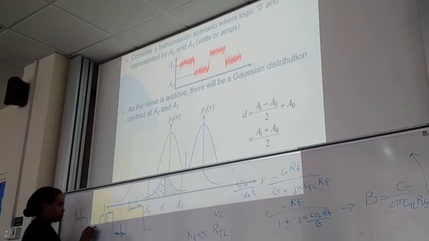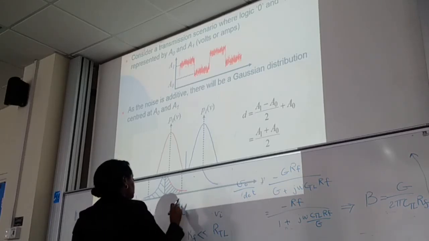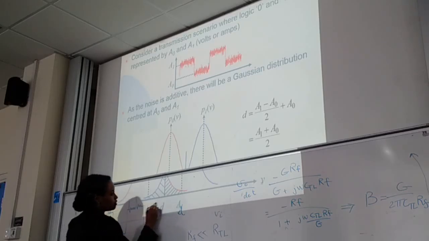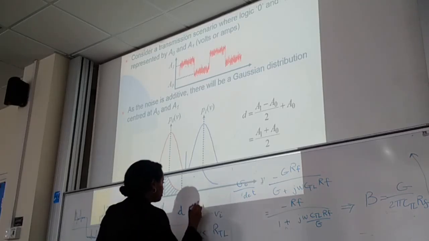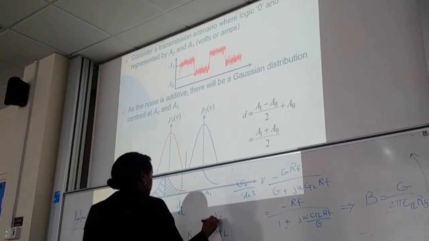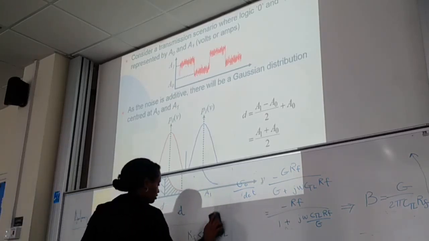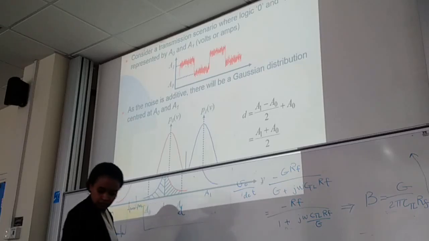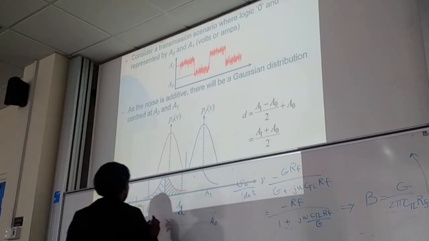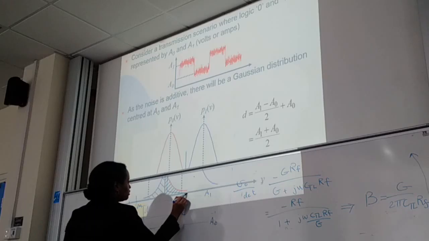Okay, and then we'll have our threshold D. So if this is the 1 level, and this is the 0 level, we will have a Gaussian distribution.